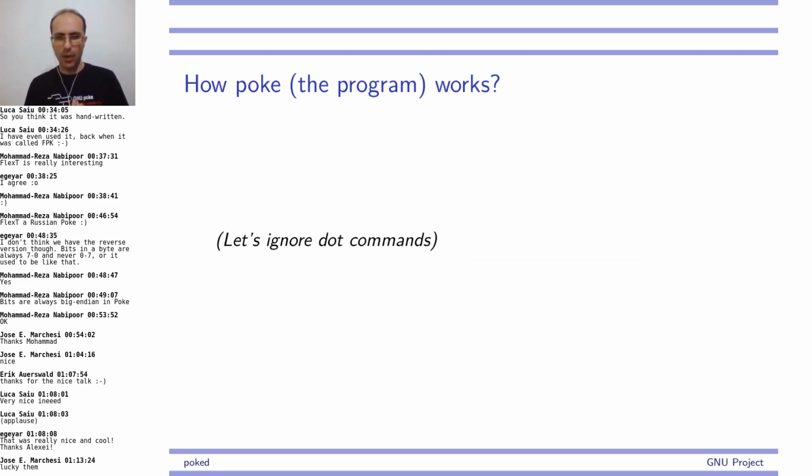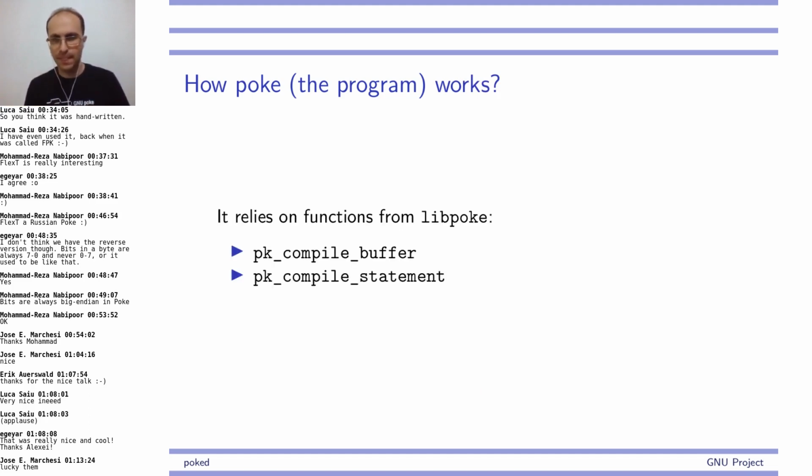Now let's look inside the program, and let's ignore the dot commands because they are not interesting to us. In general, the poke application depends on two main functions from libpoke to invoke the compiler. One is pk_compile_buffer. You give it a string with, hopefully, valid poke code, and it compiles and executes the code in the PVM.